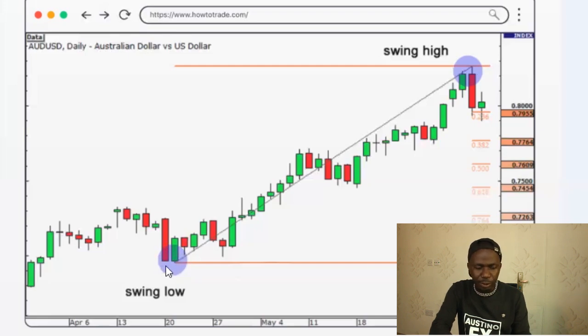You plot out the Fibonacci retracement tool, connect it from this low, and then drag it to the highs, because this is where the market got to and began to make a retracement. This is where you met the market.